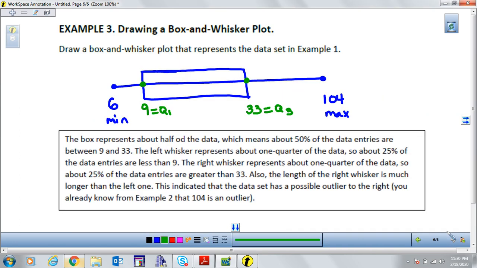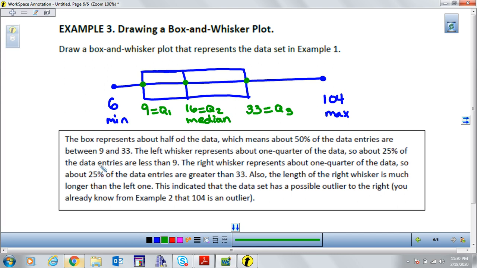Again, you can do an estimation: 10, 11, 12, 13, 14, 15, 16, more or less here. I would say that's where 16 would be. So 16 is the Q2 or the median.